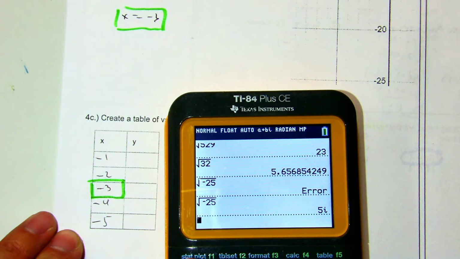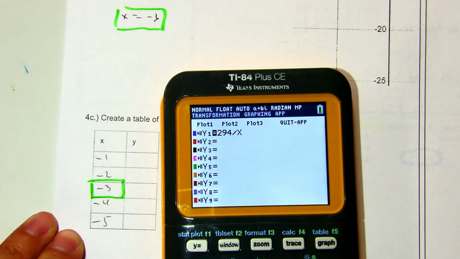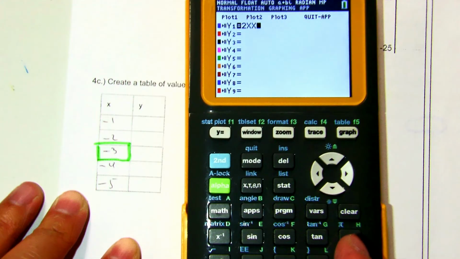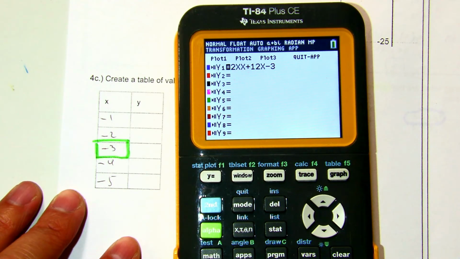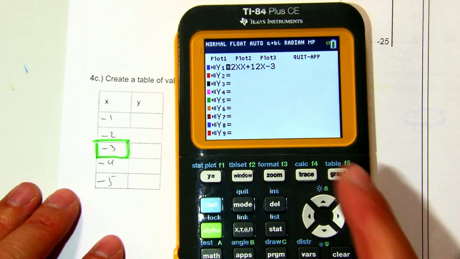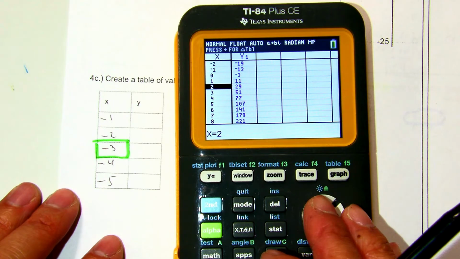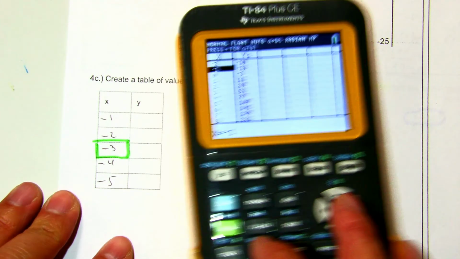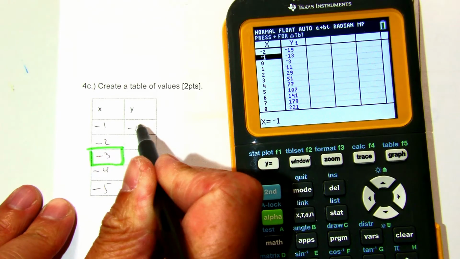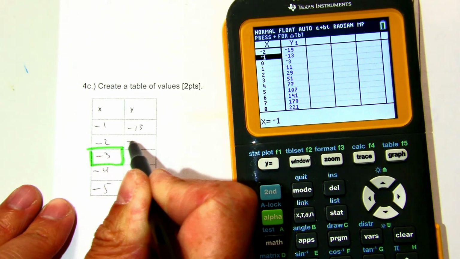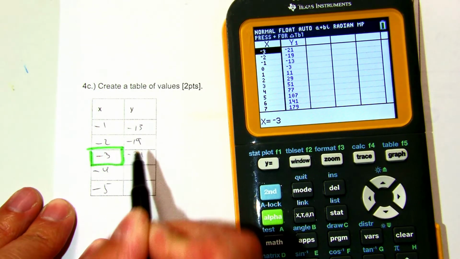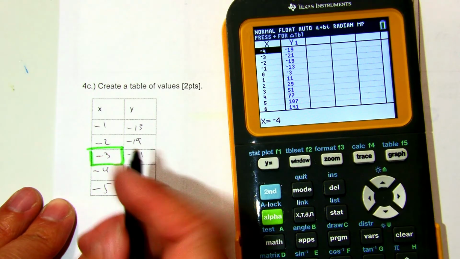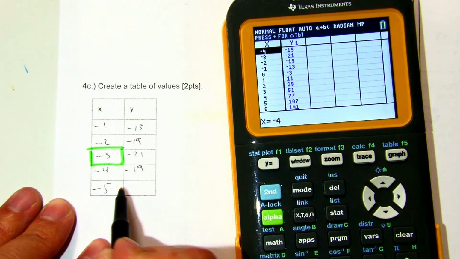So I'm going to go y equals, clear it, 2x squared plus 12x minus 3. I'm going to go to my table, look for negative 1. I got negative 13, negative 2, negative 19, negative 3, negative 21. You'll notice that is the lowest or smallest number. Negative 4, negative 19, and negative 5, negative 13.